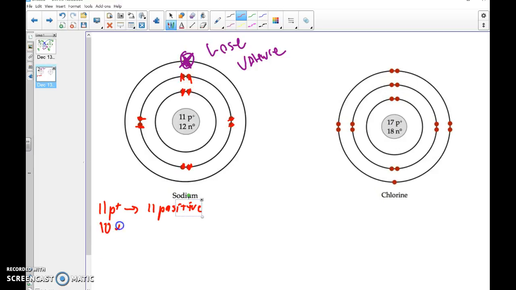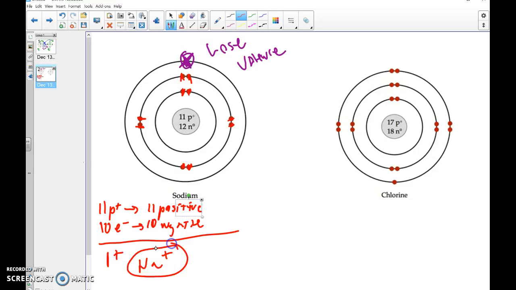And right now it has 10 negative charges. And so you have to look at that and ask yourself, what does it have more of? Positive or negative? And the answer is positive. So this has 1 positive charge extra. That makes sodium, when it loses that valence, a positive ion. And we write that positive in the upper right-hand side.